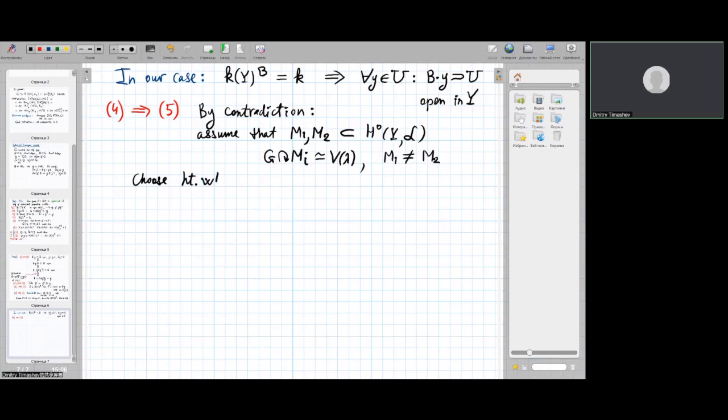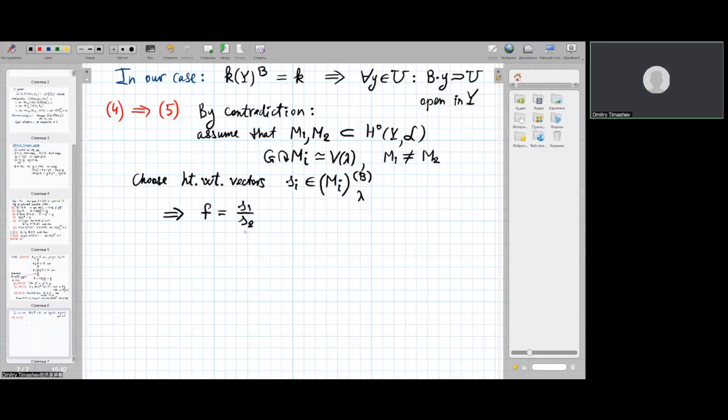Assume that. Now let us choose highest weight vectors in both subspaces, say Si in Mi. I use the letter S because it is a section, actually. These are highest weight vectors, which means that they are eigenvectors for the action of B with one and the same eigenweight lambda. And then we may take the ratio of these two sections. We may consider F, which is S1 divided by S2.